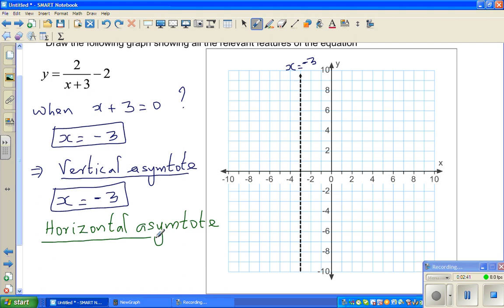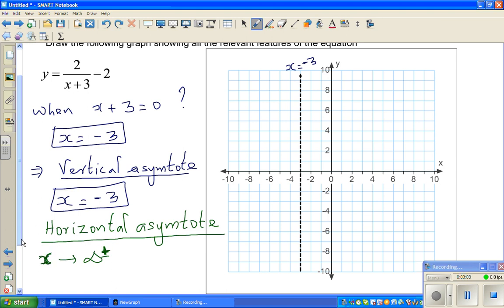For the vertical asymptote, when would the function become undefined, or in other words, when would the denominator become 0? For the horizontal asymptote, what happens when x is approaching plus or minus infinity? Two questions, so we can't do it together.